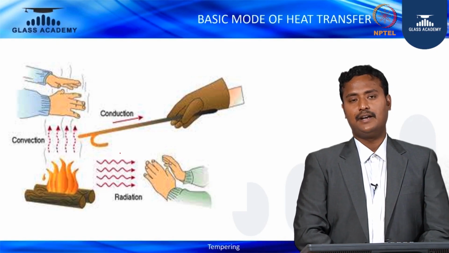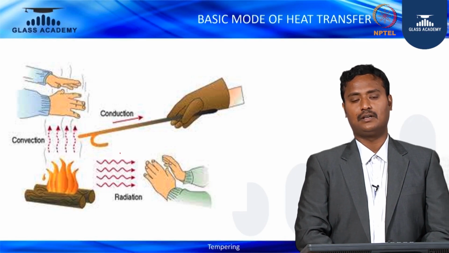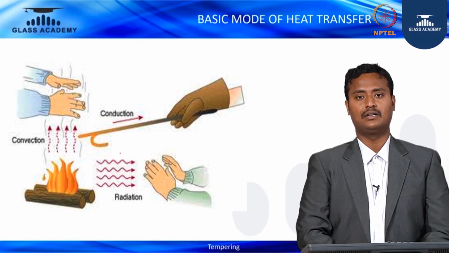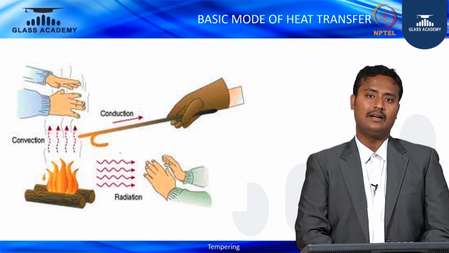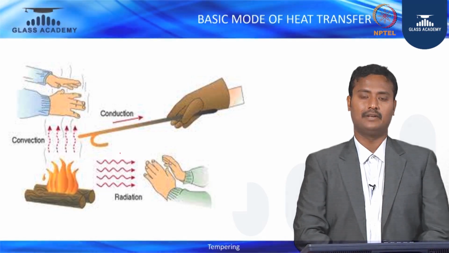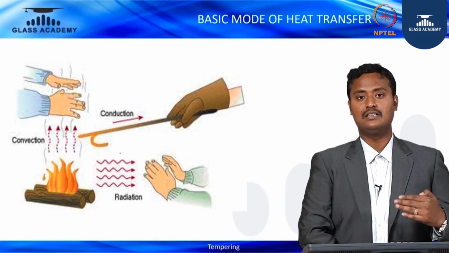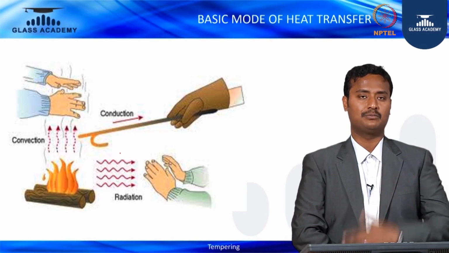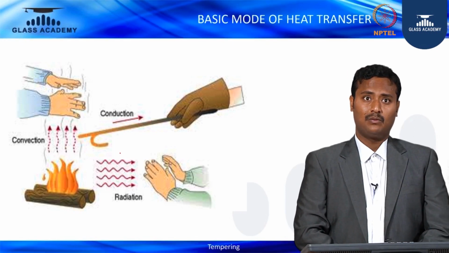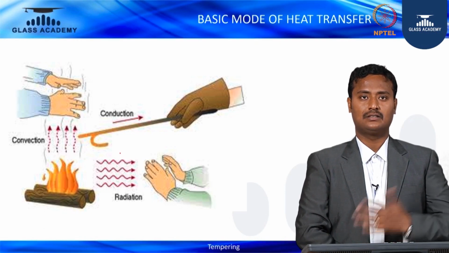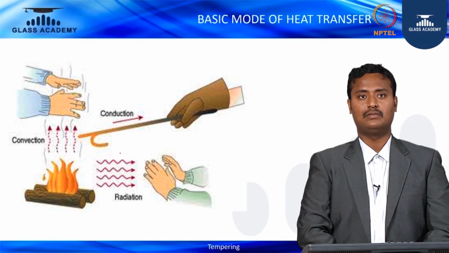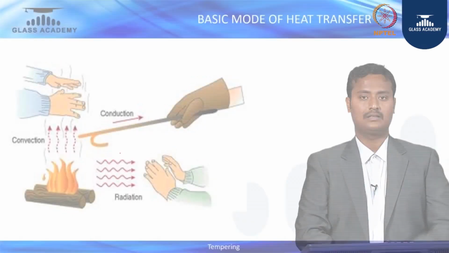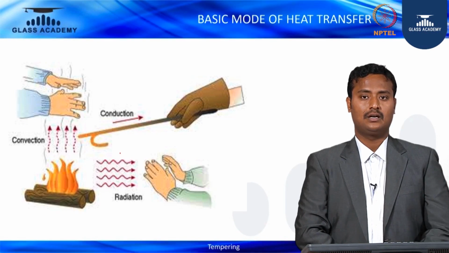Let's see the radiation process. The flame is there, and at the finger you feel the heat because of electromagnetic waves. The heat is transferred from one place to another through electromagnetic waves, which is called the radiation process. Whereas in the convection process, the heat from the flame is transmitted through air molecules, where air is present.